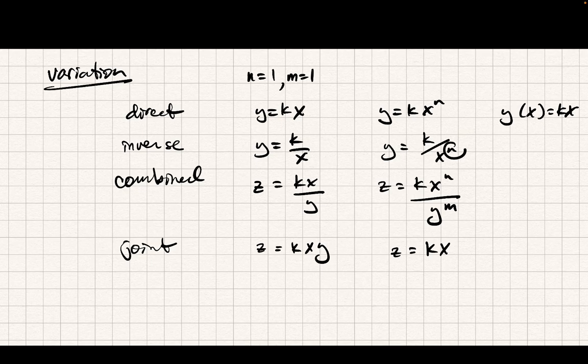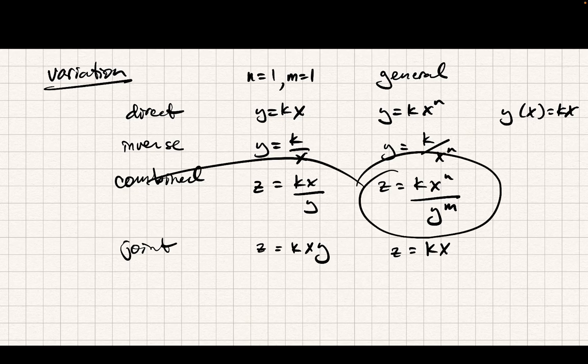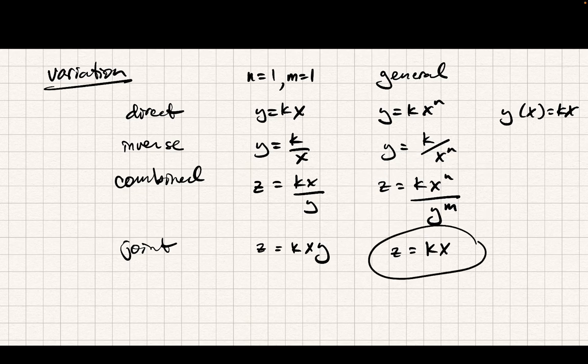So do you see that the general case is n, and there's a special case where n equals 1? Okay, so we're doing the same thing here. This is the formula for direct variation in general. This is the formula for inverse variation in general, meaning for any exponent, or this would be just when the exponent is 1. This is the general case for combined. And now we're trying to make a general case for joint variation.